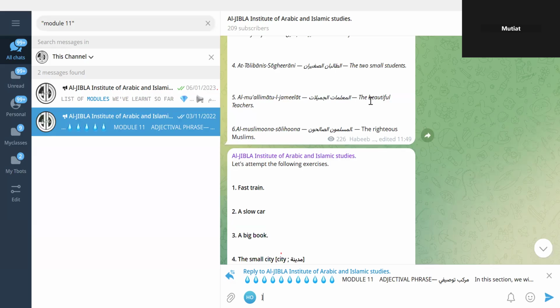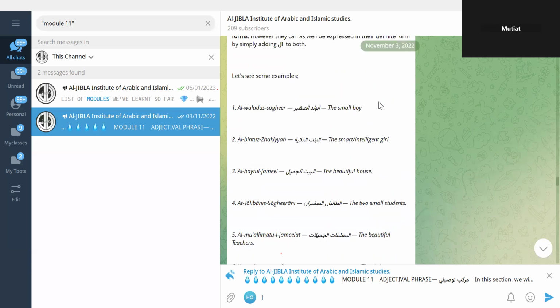Now, if you look at this, let me show this. الولد الصغير, the small boy. Can you change this phrase to a sentence?